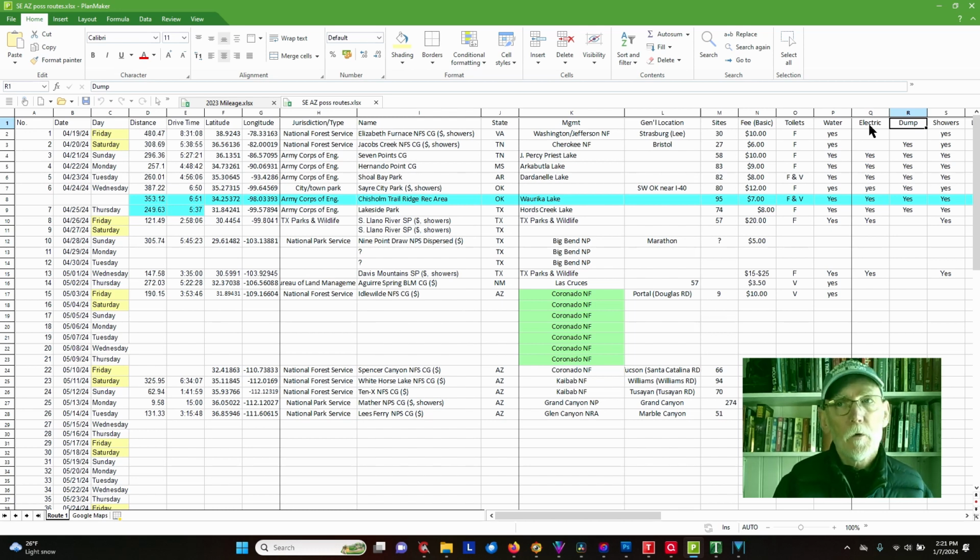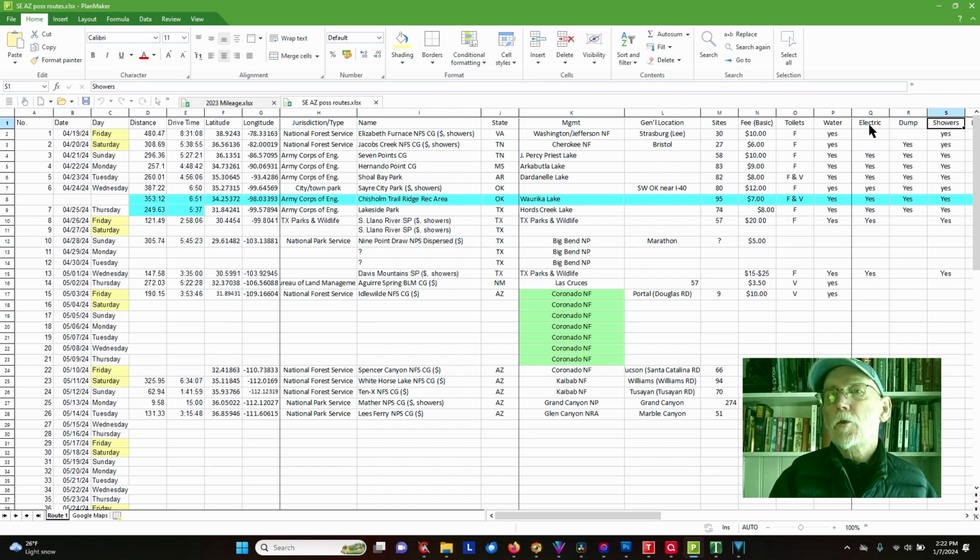We have no choice, and that's fine. As long as the site is affordable, electricity is a welcome amenity to have because it gives us a chance to recharge all of our batteries and avoid depleting them because we can run our few AC appliances off of shore power, and we do have a shore power port, and we always carry an extension cord so we have the means to connect to shore power with no problem.